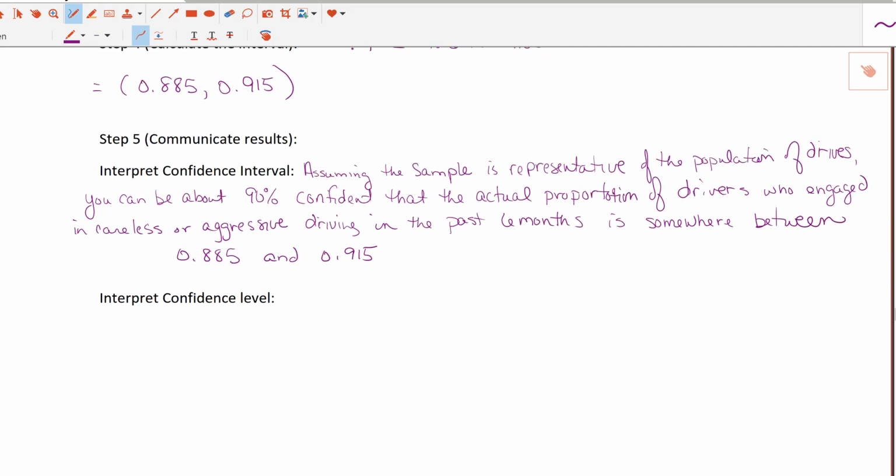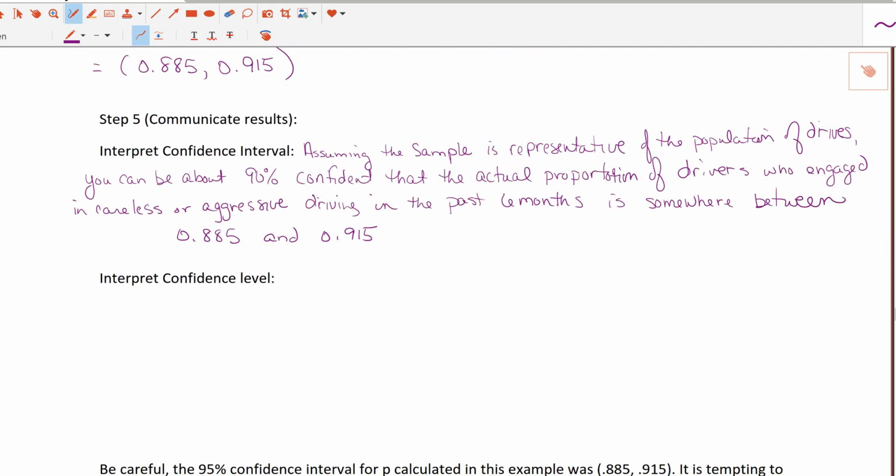Okay, 88.5% of the population to 91.5% of the population. That's a lot. That's a very high percentage.